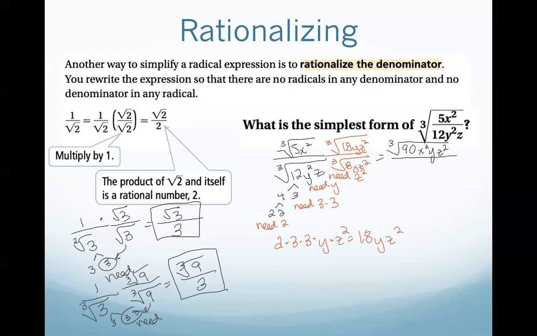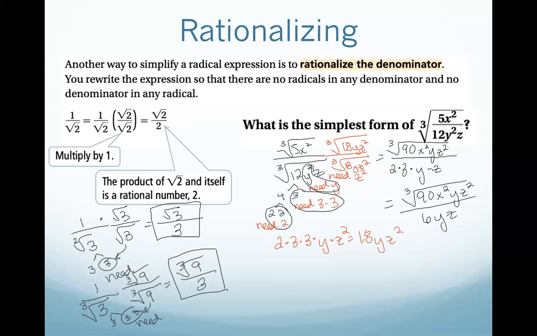I had 2 2's and I needed a 2. So now I have 3 2's. I had a 3 and I needed 2. So now I have a 3. I had a y squared with another y, so I have a y, and I had a z and I put 2 more, so that's z. So we end up with the cube root of 90x squared yz squared divided by 6yz.